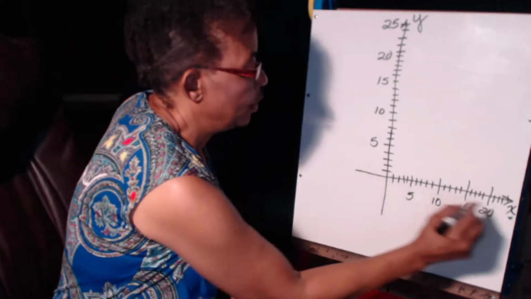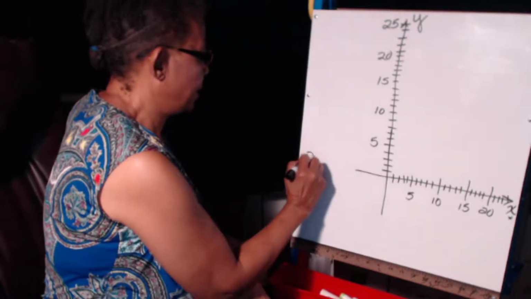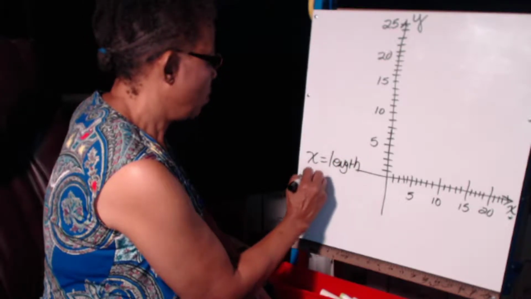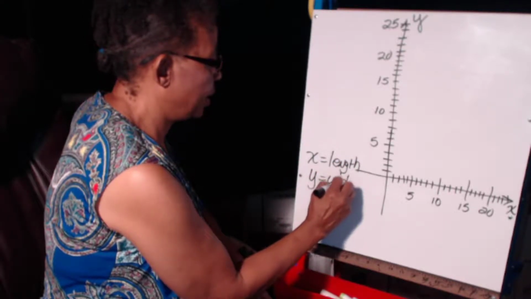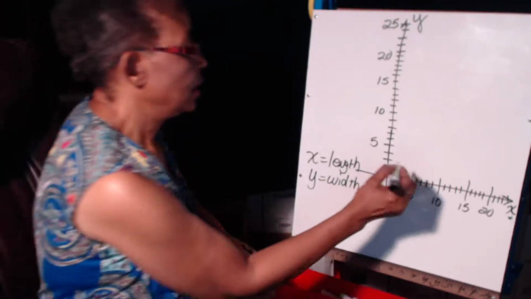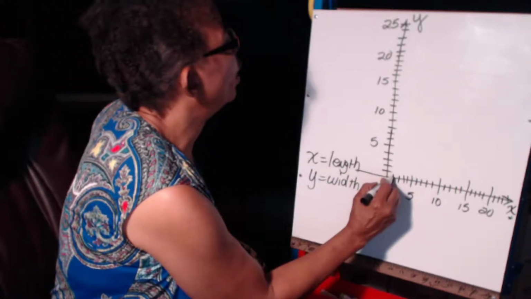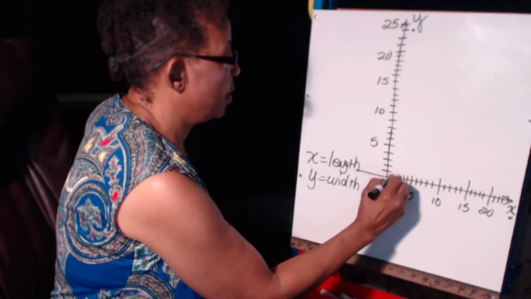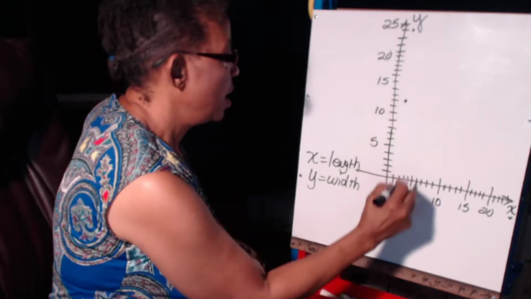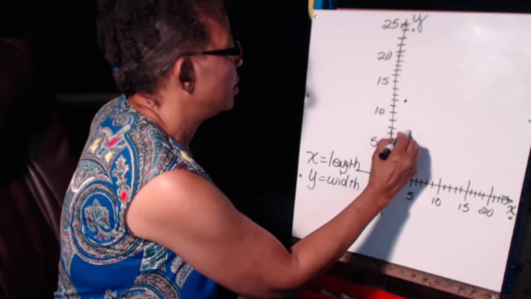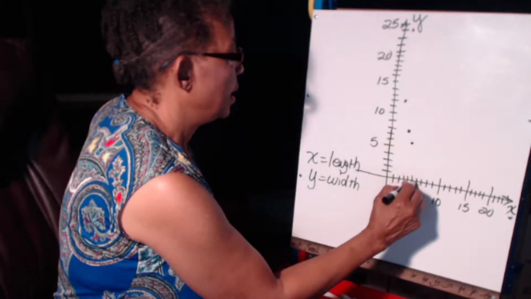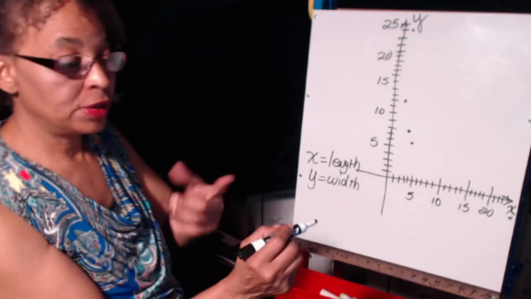Okay, our first one, remember x equals length in this case, and y would be the width. So when we graph this, we have 1 and 24, we had 2 and 12, we had 3 and 8, 4 and 6, and then we reversed that process.